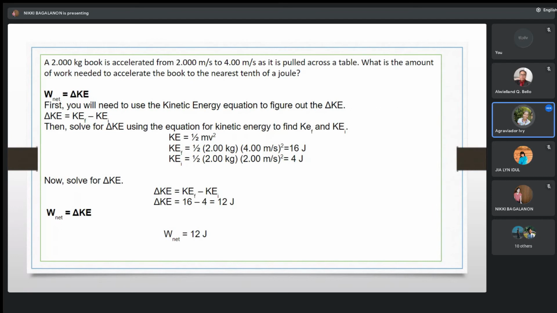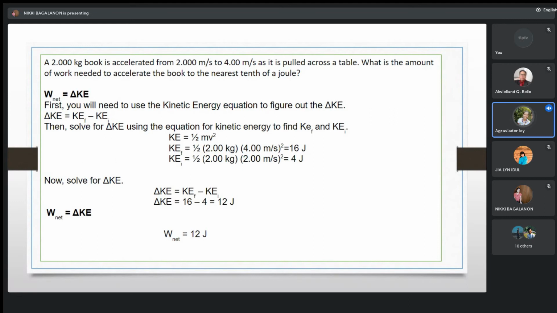Another example: a 2.0 kilogram book is accelerated from 2.0 meters per second to 4.0 meters per second as it is pulled across a table. What is the amount of work needed to accelerate the book, to the nearest tenth joule? Net work equals the change in kinetic energy, which is kinetic energy final minus kinetic energy initial.